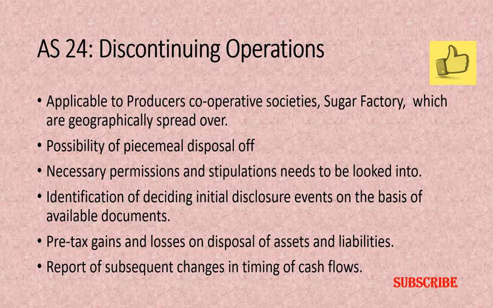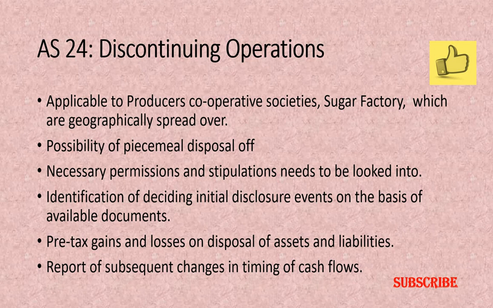Termination is also possible in the case of a cooperative society. The necessary permissions and stipulations need to be looked into. The initial disclosure event needs to be identified on the basis of the available documents. So when it is going to spin off or discontinue is to be traced out at the earliest.